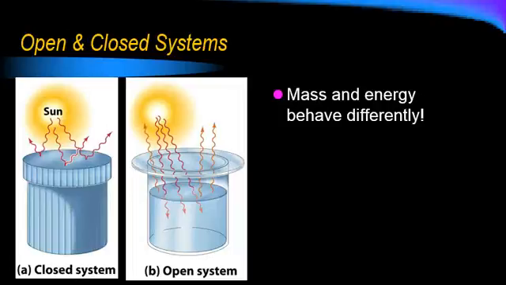Okay, so let's revisit this idea of open and closed systems for a minute. So remember, in terms of energy, Earth is acting like an open system. The whole universe is a closed system because nothing's entering or leaving the entire universe. But in that universe, the energy is entering and leaving different planets and different bodies like Earth.